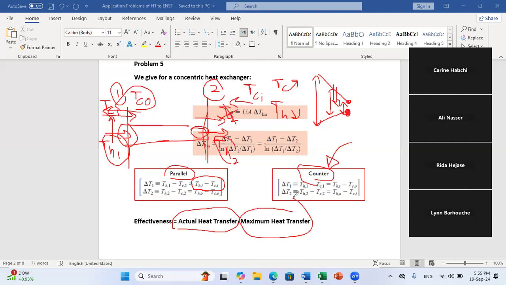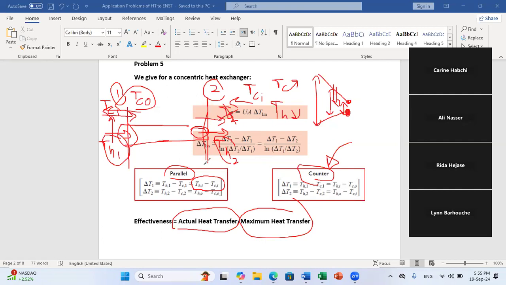So as I told you, you can be in front of a new problem, but with all of these formulas given to you. You just have to apply your knowledge, which consists of knowing how to put energy balances, how to write the rate, how to put the thermal resistance circuit to be able to calculate the overall heat transfer coefficient, with Q related to the resistances. So you should know how to build the thermal circuit, how to apply these formulas, and how to apply formulas of heat transfer.